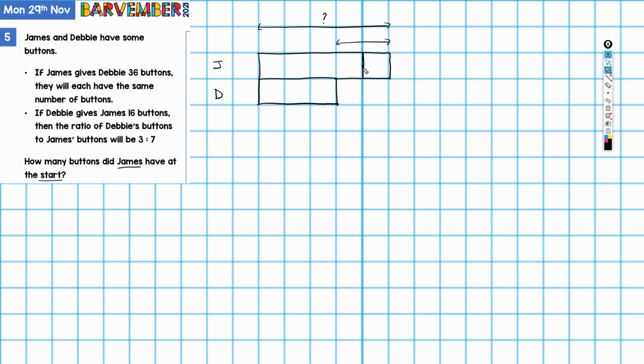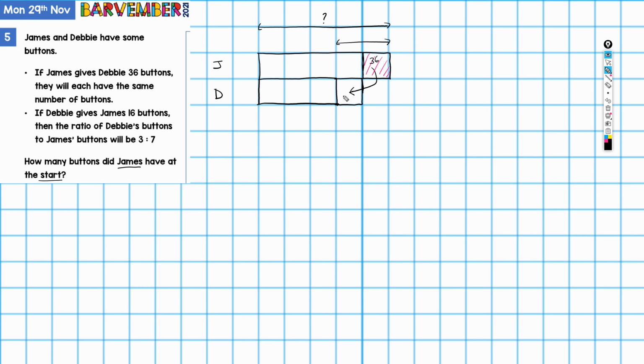So if James gives this amount to Debbie, then her bar will be this big. James will lose this bit, and that will be added on to Debbie's. And that amount we know is 36.